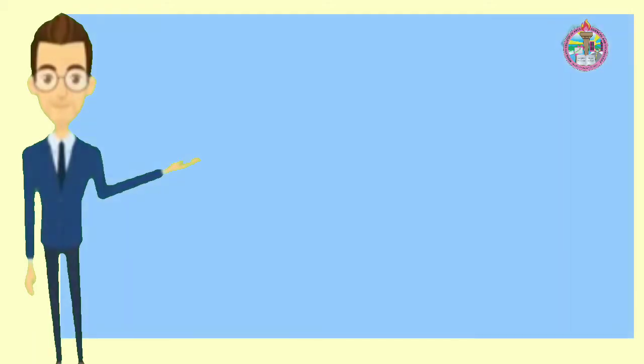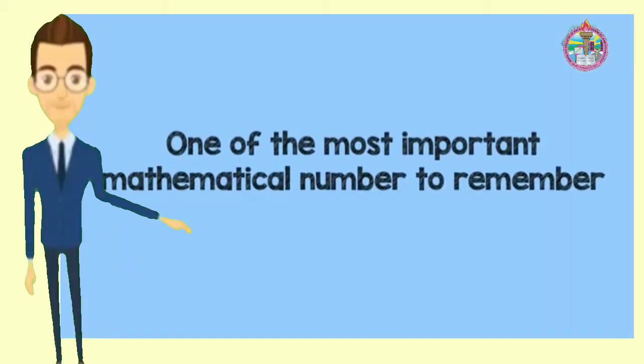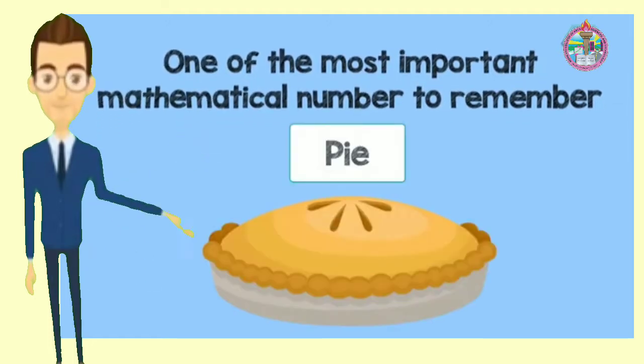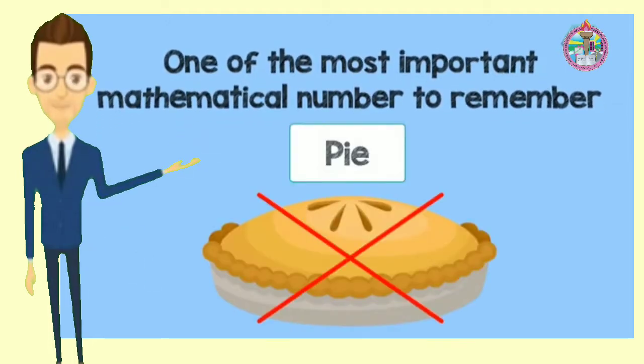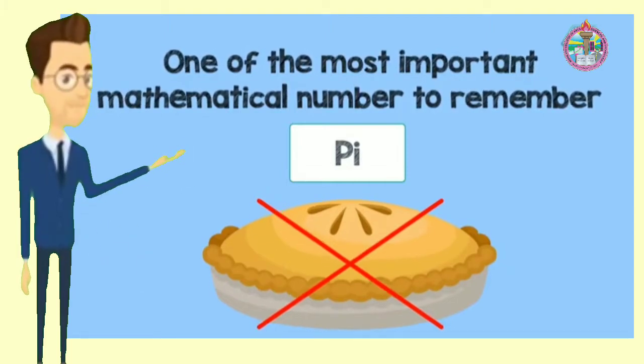Let me first introduce to you one of the most important mathematical numbers, and this is called the pi. Well, not this kind of pi. The pi that I mean is spelled as P and I, which refers to a special number. So if it is a special number, then what is the value of pi?